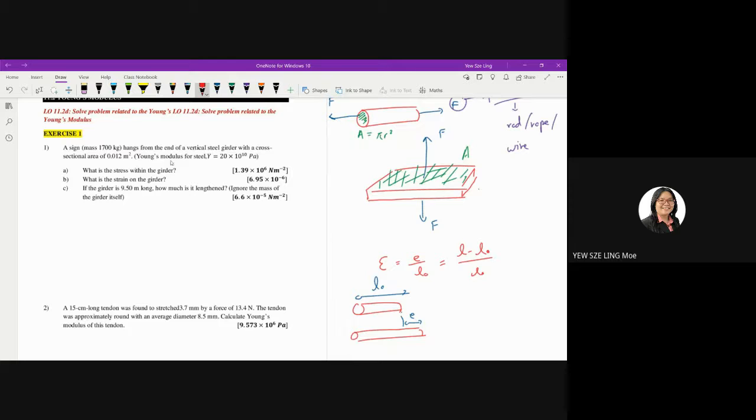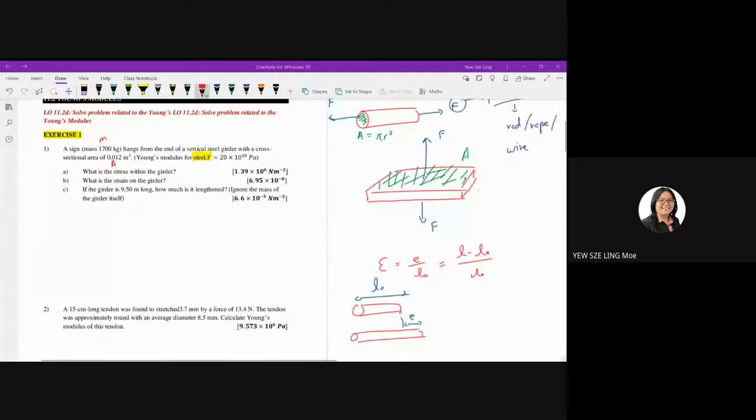This question is very nice to use. Straight away, it tells you the cross-sectional area, and then you have a mass here. And then given Young modulus for steel. Young modulus depends on the material, so if you have steel, then no matter the physical condition, the value is fixed. The value is always the same.